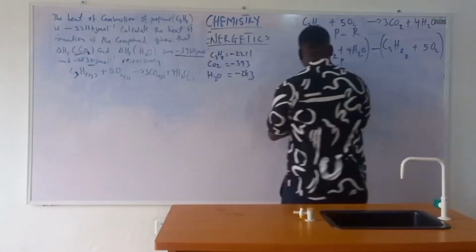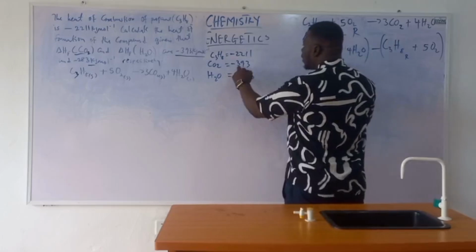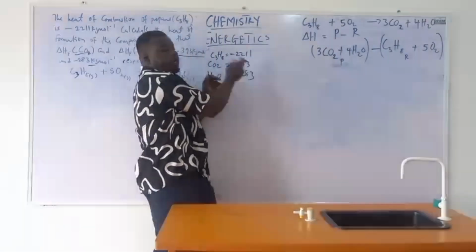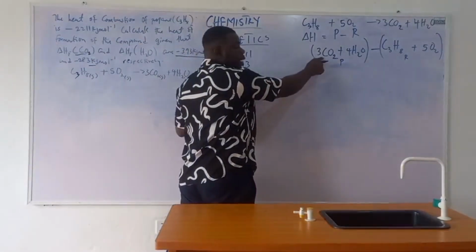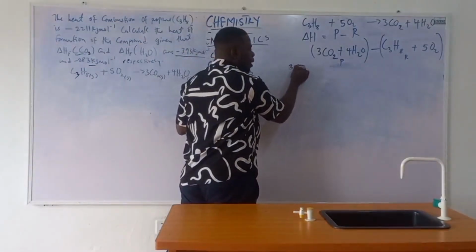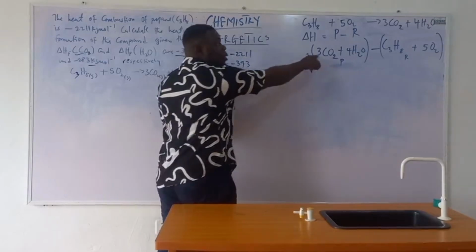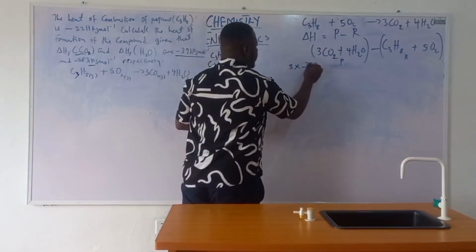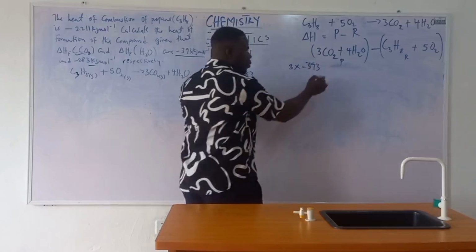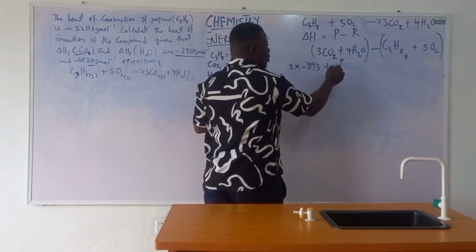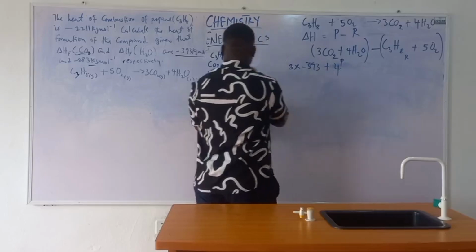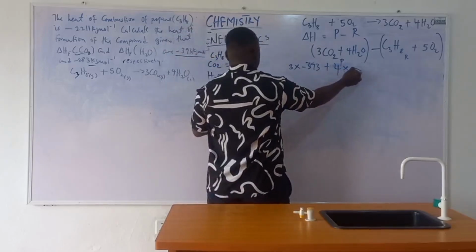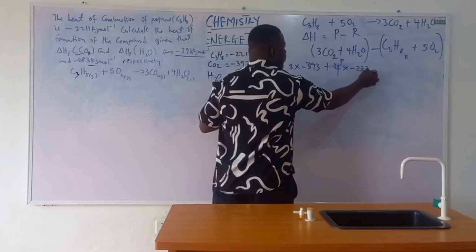We substitute, right? So we come here. What is our value for CO2? Minus 393. But there is already 3 here, so we multiply minus 393 with this 3, plus this 4 we multiply with the value of the H2O, times minus 283.